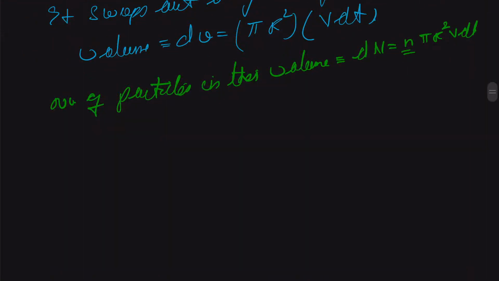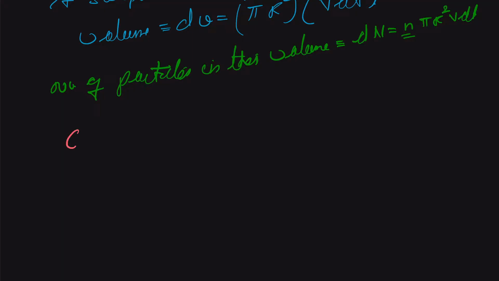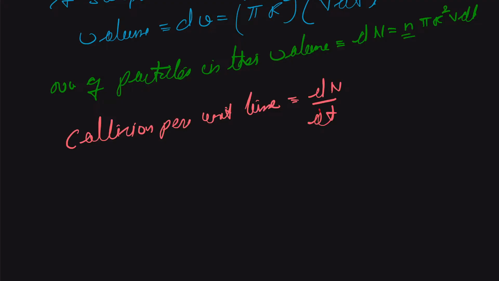And from here we can find the collisions per unit time, which is dn by dt, and that will be equal to n pi r squared multiplied by v. So we got the collision rate.